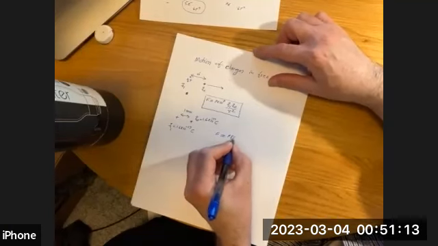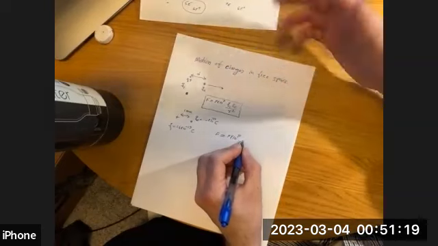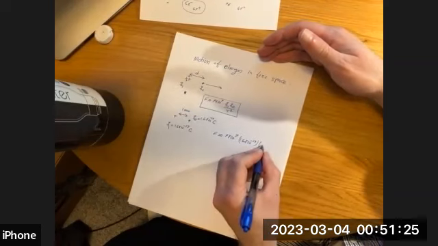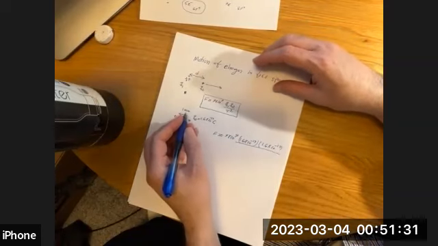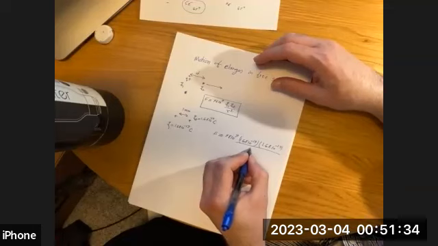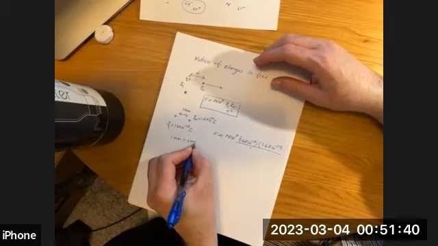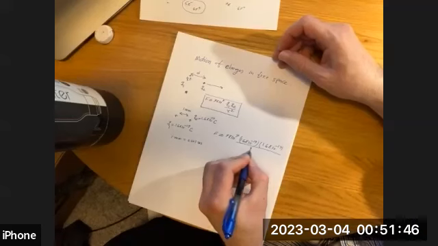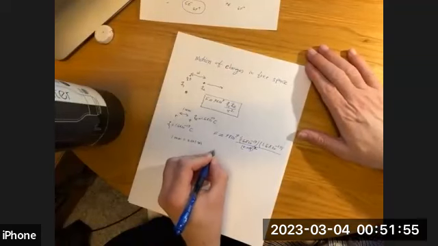So 9 times 10 to the power 9, times the charge Q1, which is 1.6 times 10 to the power minus 19, and the second is 10 to the power minus 19 also, divided by 1 millimeter, which is 0.001 meter, squared.